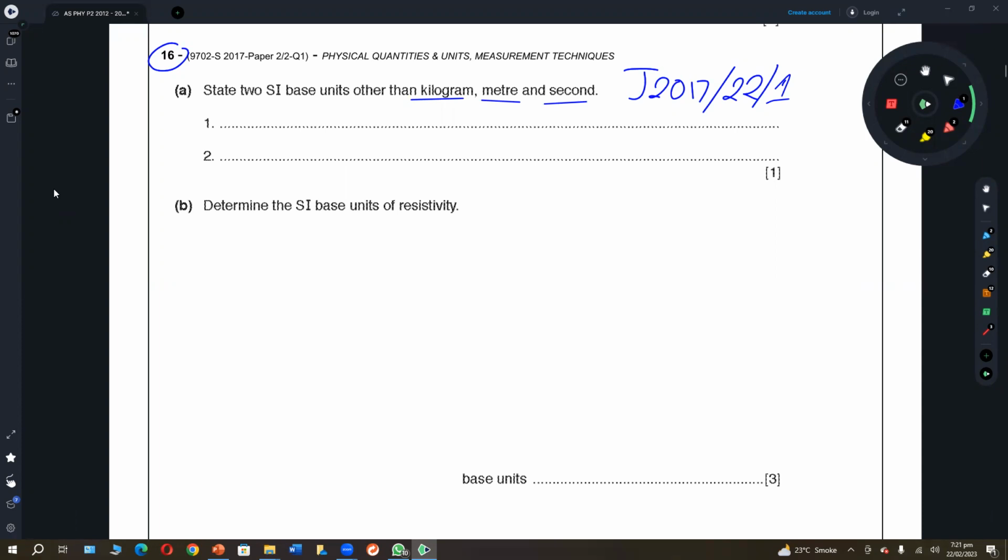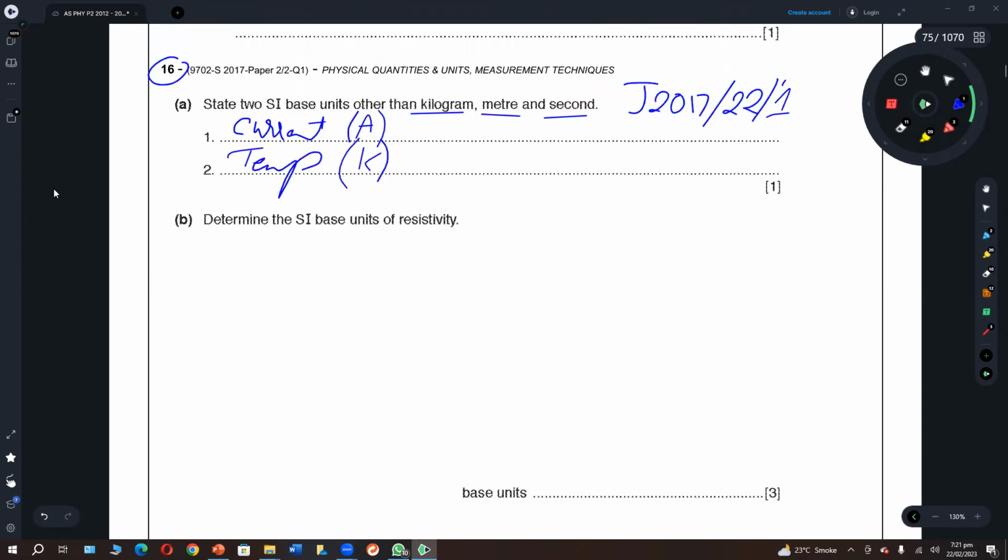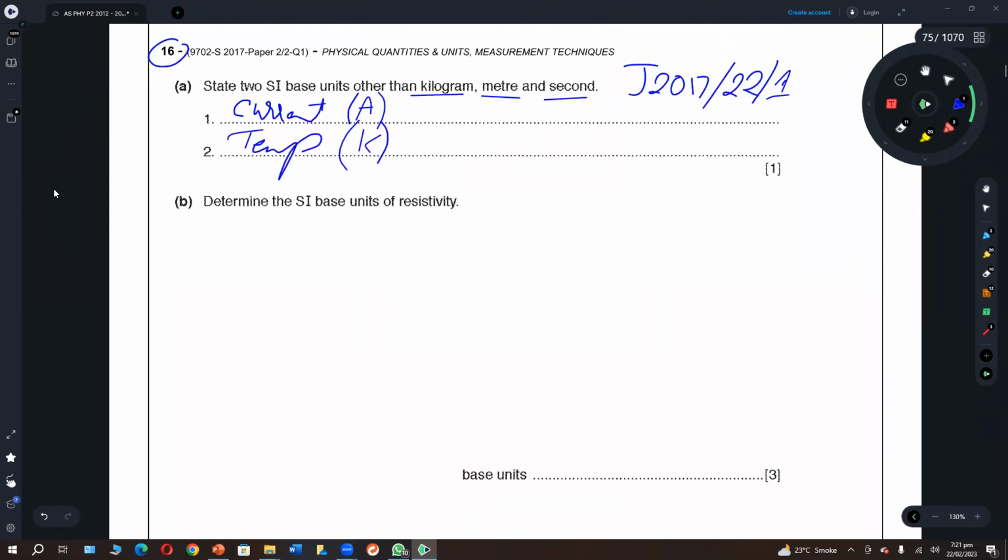I can refer to current, ampere, and Kelvin for temperature. He's not asking for the physical quantity, I wrote it for reference.